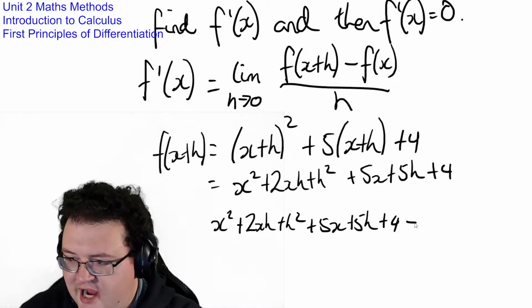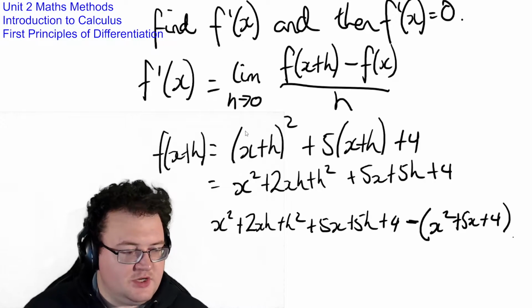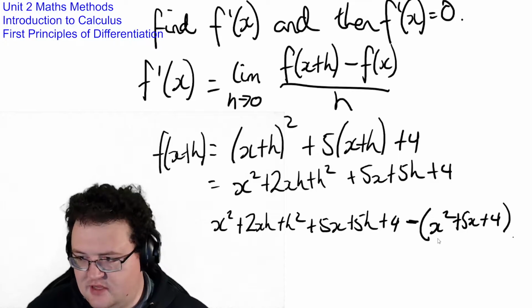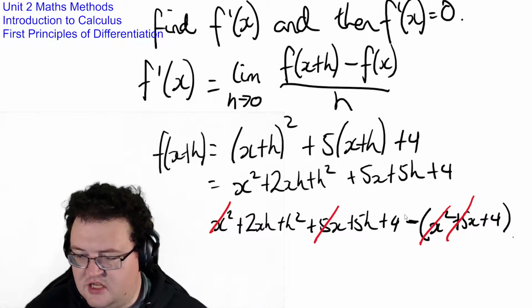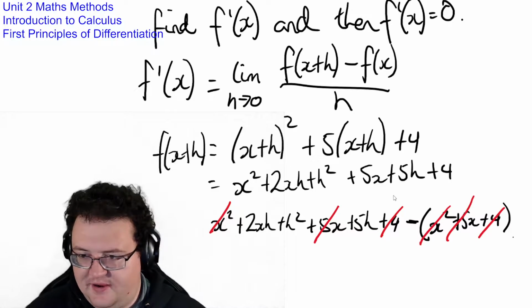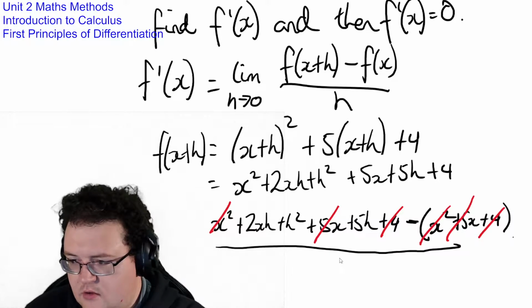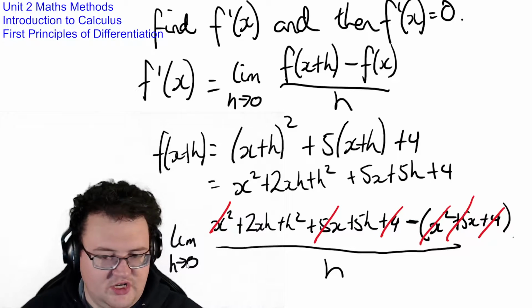Then we subtract all of x squared plus 5x plus 4, which means we're doing negatives. So it's going to be x squared minus that x squared. So they'll go away. This 5x minus this 5x. This plus 4 and that plus 4. They go away. And of course, this whole time, everything was over h and my limit statement was still there.